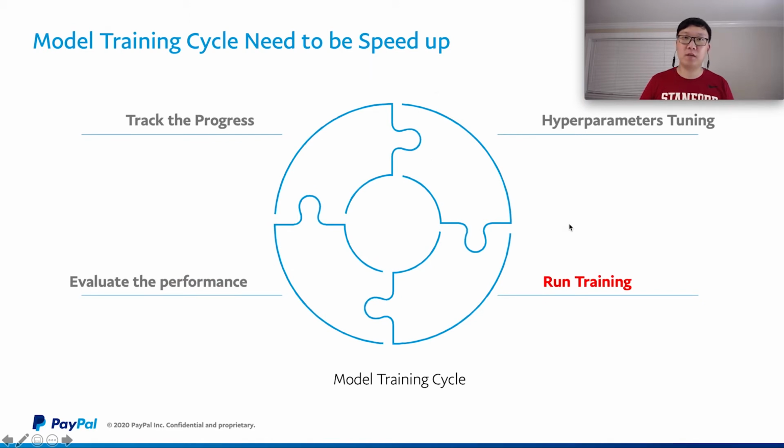It is important to make sure that the speed of training is still fast, in spite of the huge amount of data and the increasing model complexity. And we want to make sure that the data scientists can still develop and iterate their models at a fast pace, and this model training cycle can still move faster.